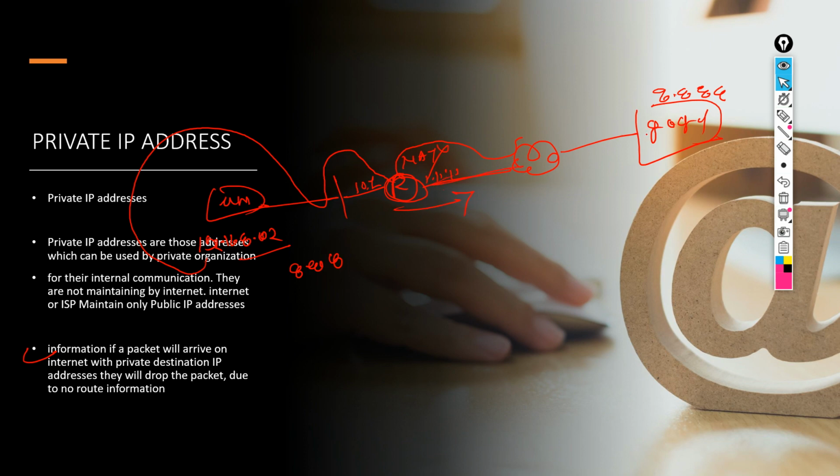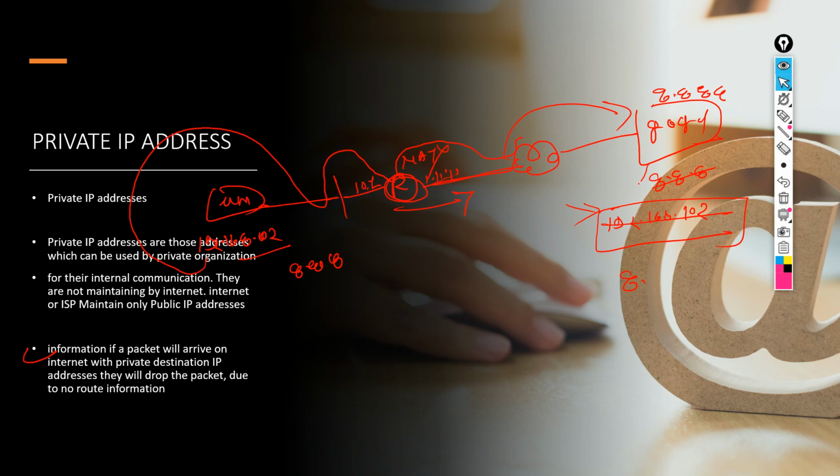The packet will be received by the Google server with source 192.168.10.2, because there is no NATing, which means there is no masking of the IP. It will come with the original IP. Just assume the packet has been received by the Google server.